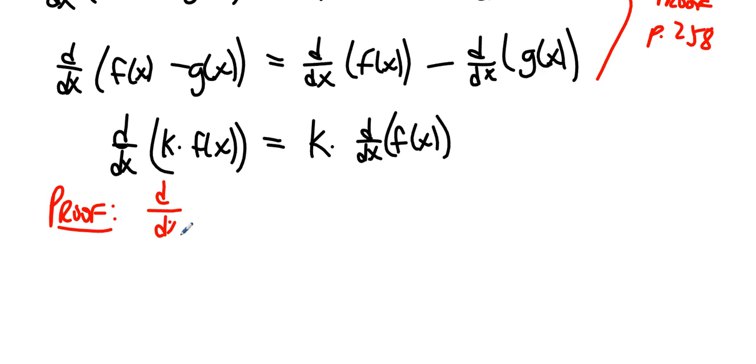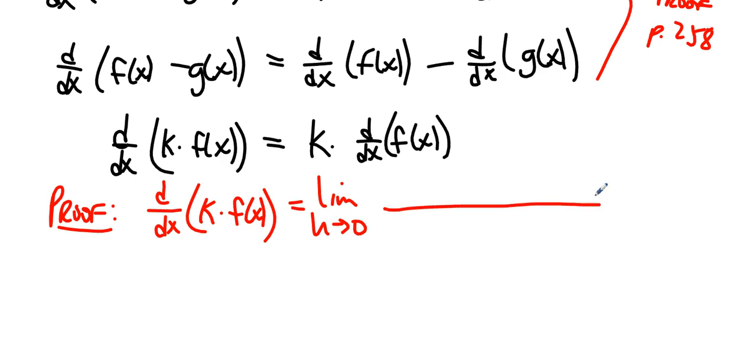If I'm looking for the derivative of some constant times f of x, well, that's a limit as h approaches 0 of. We do this at x plus h, we do this at x, and we divide by h.